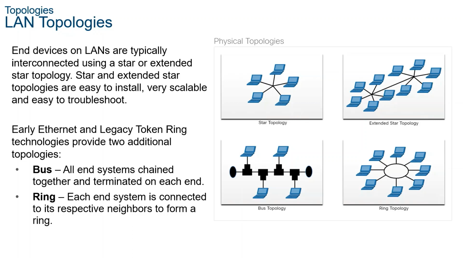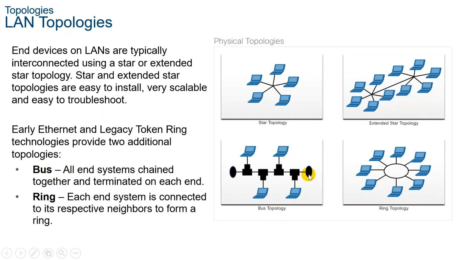You also have what you call the legacy LAN topologies. Early Ethernet and legacy token ring LAN technologies included two other types of topologies, which you have often heard of, though less so these days: the bus topology and the ring topology.